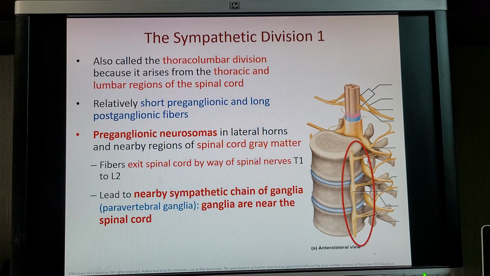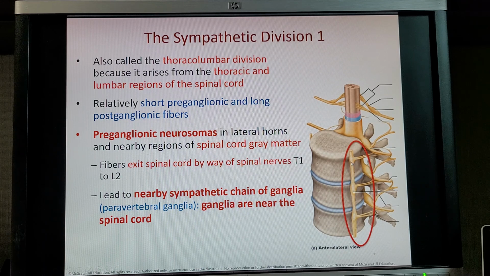And it does that using the spinal nerve. So you already have a pathway going out of your spinal cord, so you might as well just use the same highway.